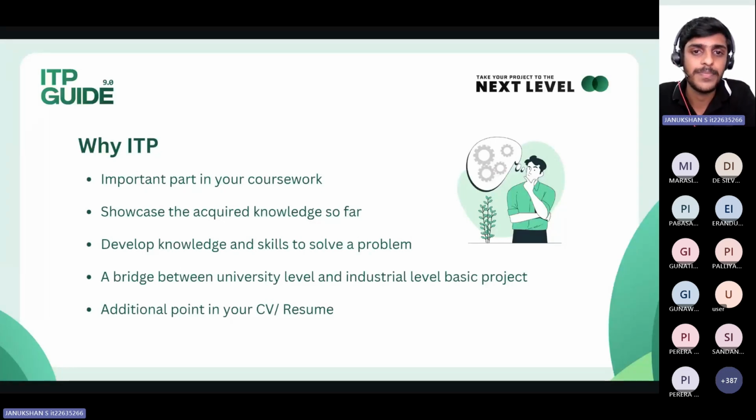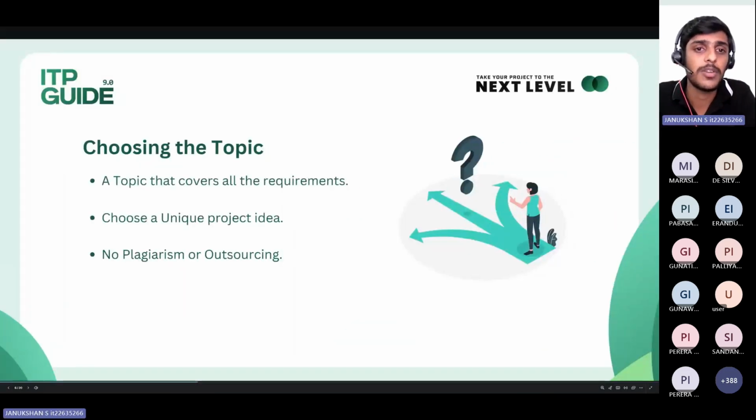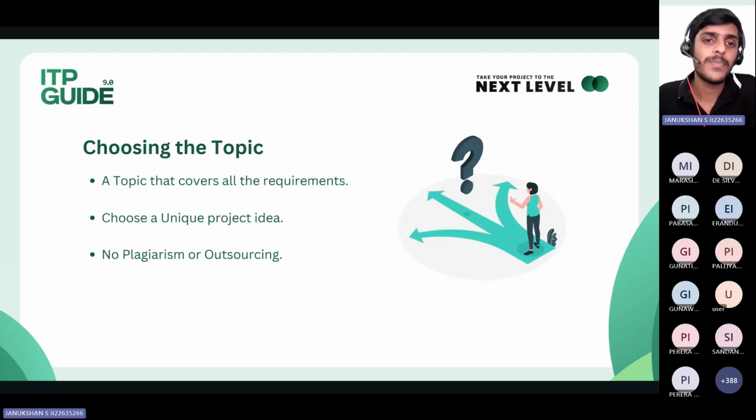And when doing this project, the most important thing is choosing a topic. So you must be very careful when choosing a topic. The selected topic should cover all required aspects, an innovative solution, and key business functions.